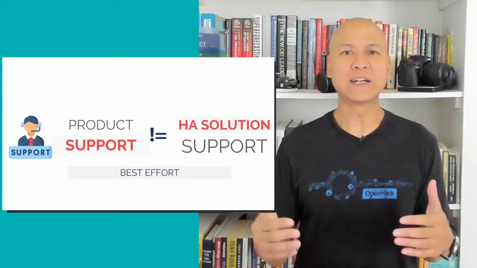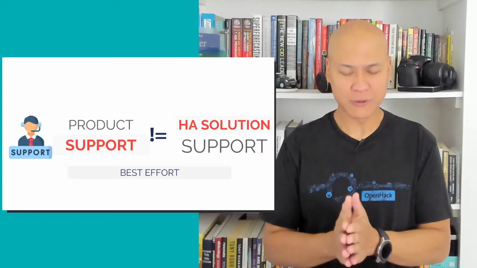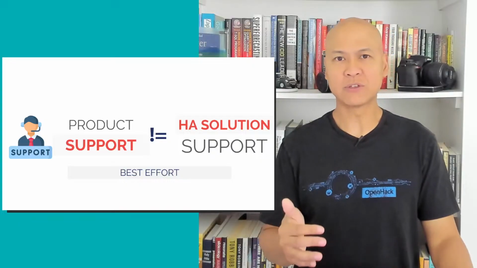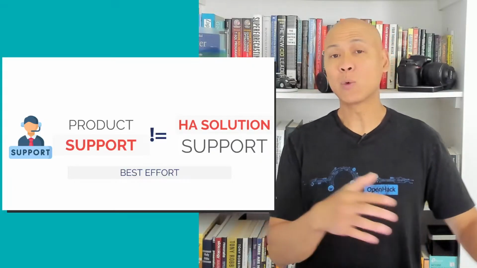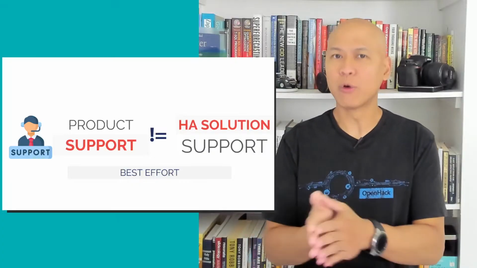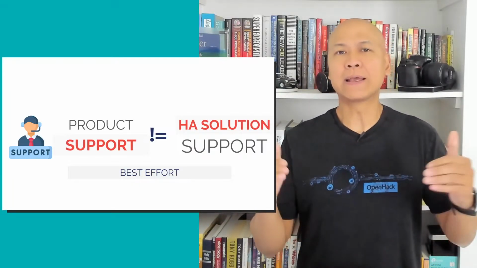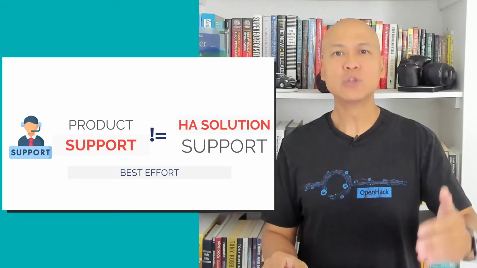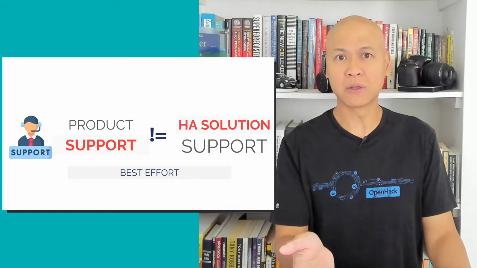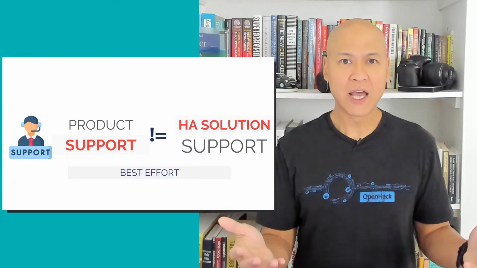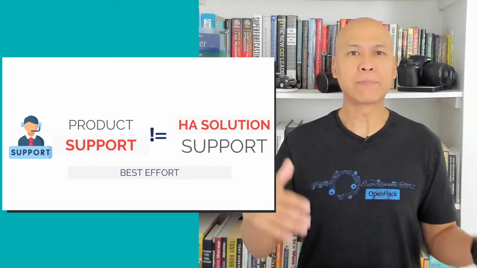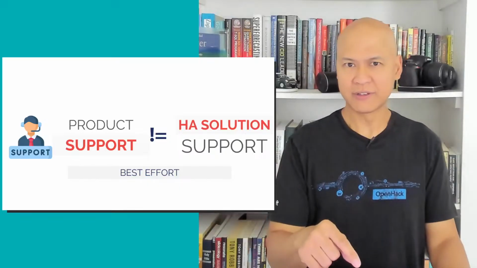And normally here's how the process goes. The vendor makes recommendations when it comes to high availability solutions for your databases. They would help you implement it. Sometimes they would say, go ahead and implement it. They connect their application to the SQL Server databases running on that high availability solution, and then something goes wrong on the application side, you call them, they provide support on the app side.